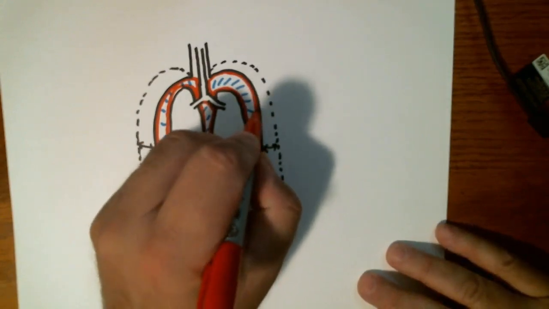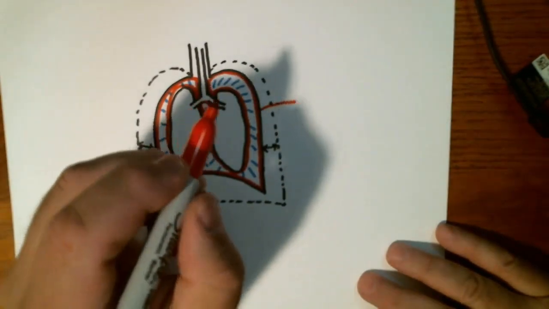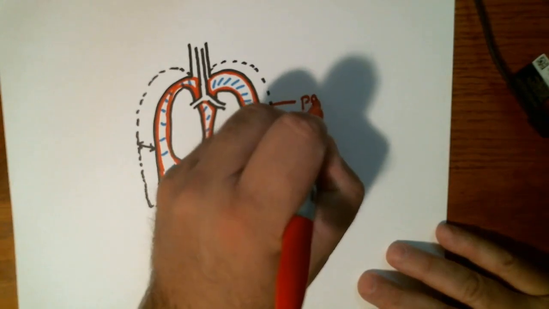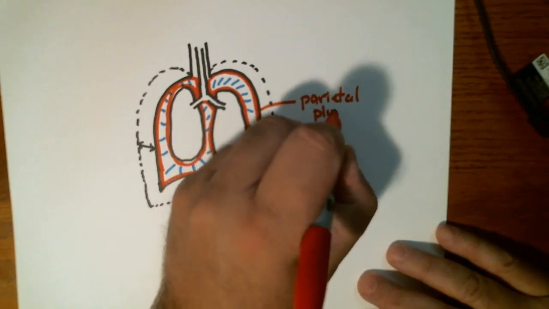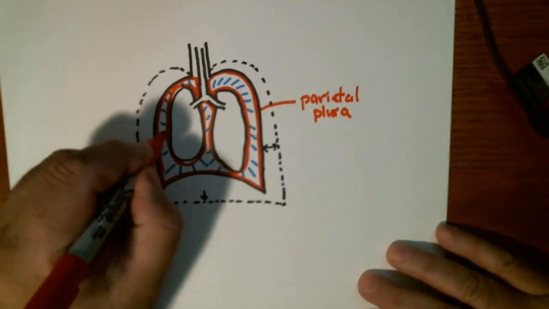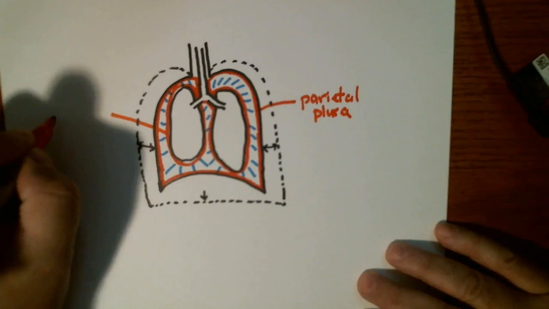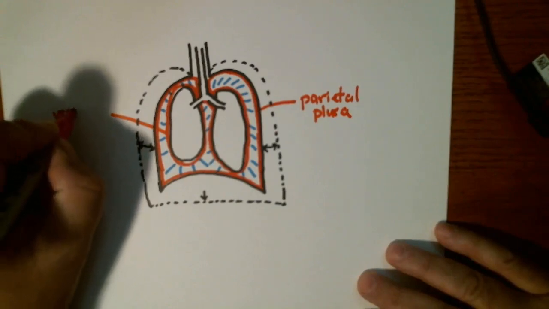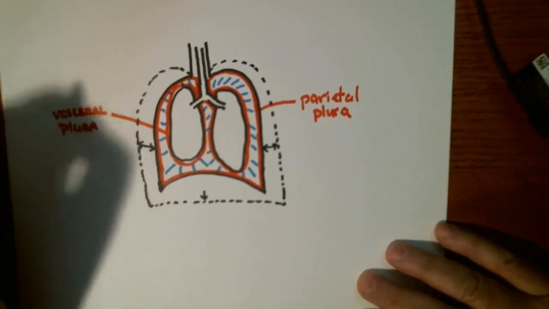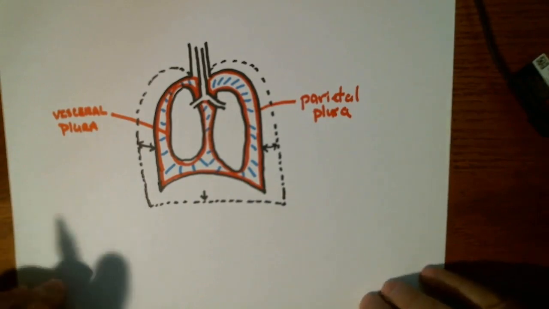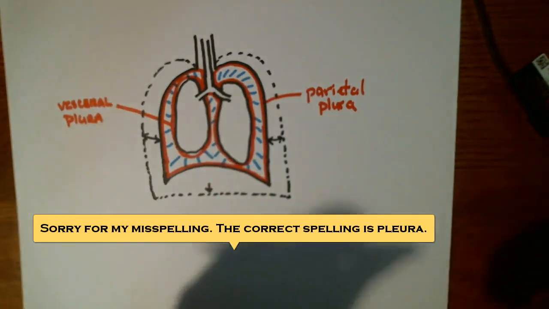And this portion of the pleural membrane right here that attaches right to the inner surface of the body wall is called the parietal pleura. And this portion that attaches to the surface of the lung is referred to as the visceral pleura, because it attaches to a visceral organ right inside the body. And then we have the pleural fluid in between the two.